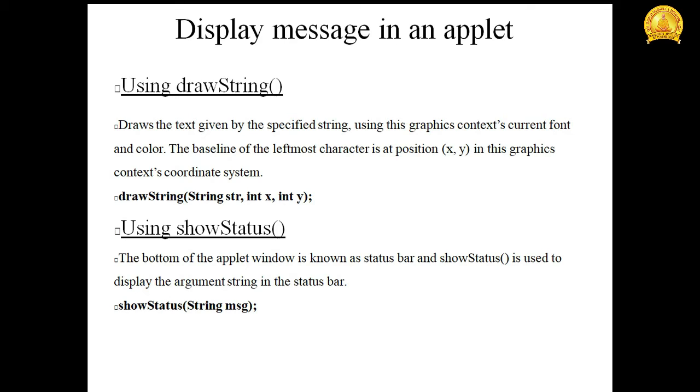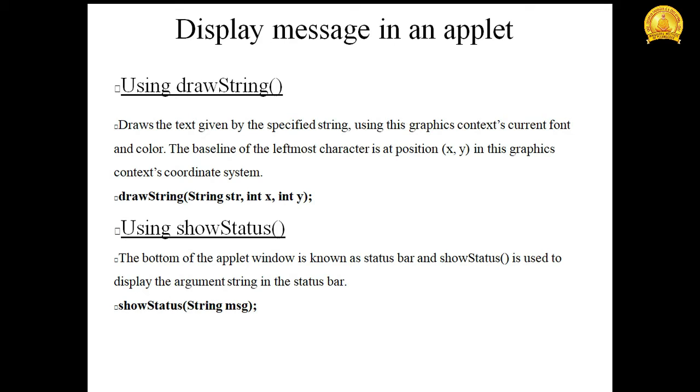The second way of displaying a message in an applet is using the showStatus method. showStatus can be directly invoked, and its specialty is that it displays the message in the status bar. The bottommost portion of the applet window is known as the status bar, and it is used to display the argument string.